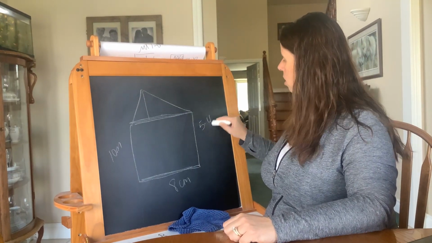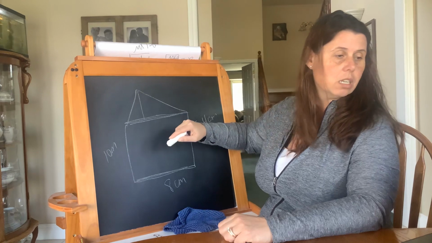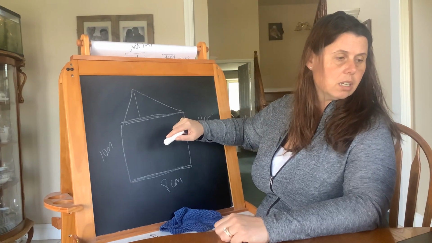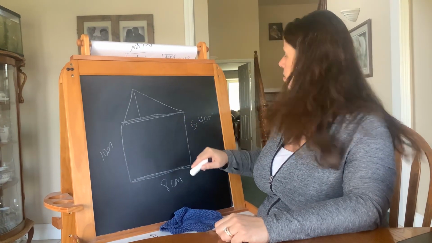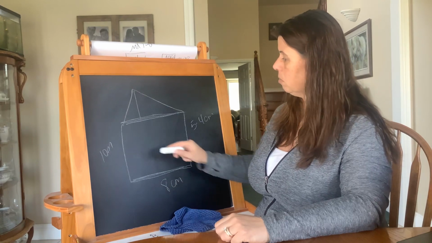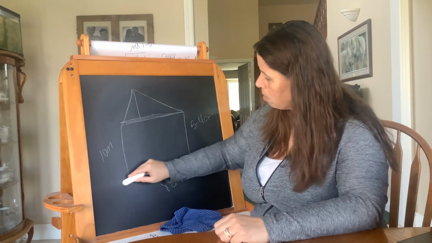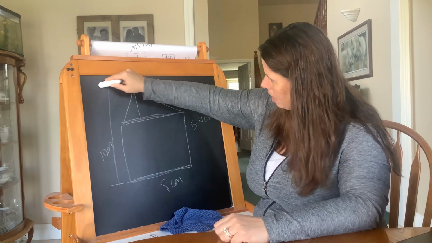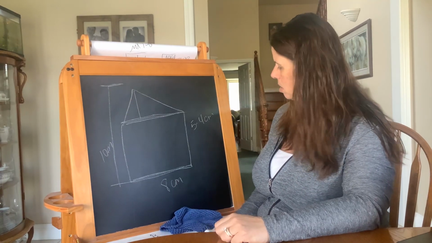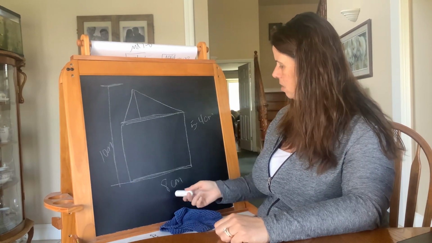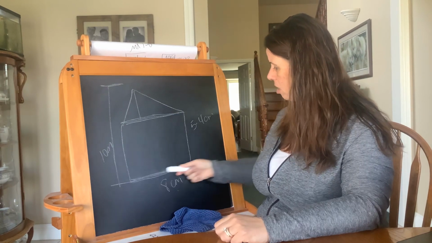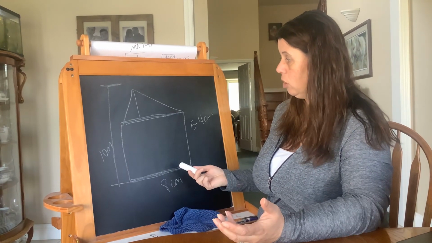So you need to do some converting. Okay, so we've got 10 meters from here all the way to the tip. That's what the 10 meters is. But if this is 10 meters and this is 8 centimeters, as they're drawn, they look equal.